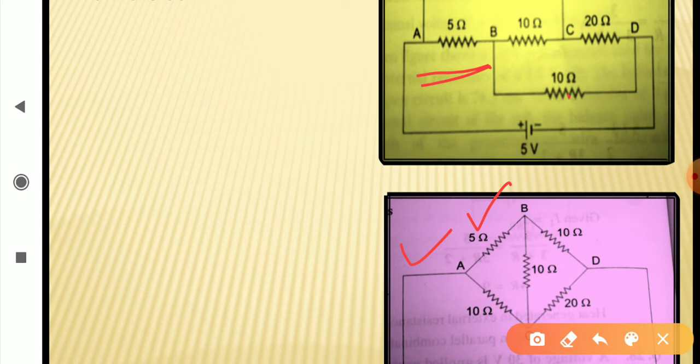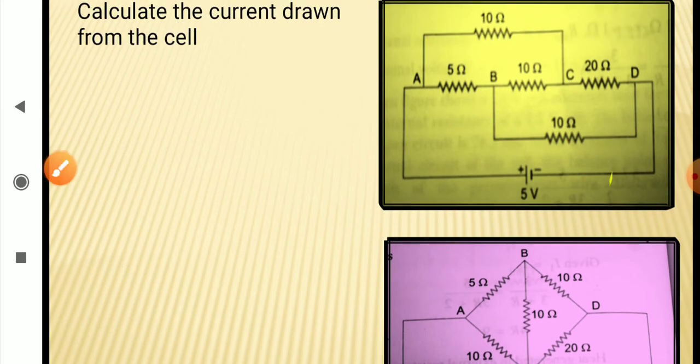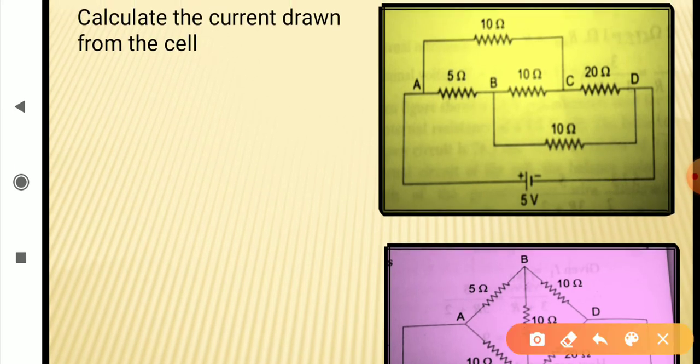Between D and B we have 10 ohm resistance. And if we bring it down here, between A and C we have 10 ohm resistance, which can be seen here, and between C and D we have 20 ohm resistance, as can be seen in this diagram also.